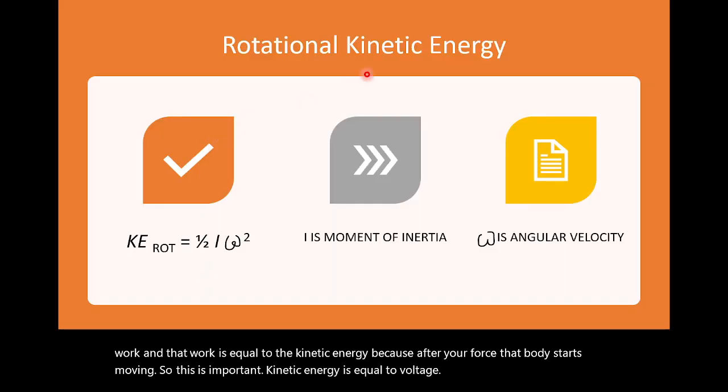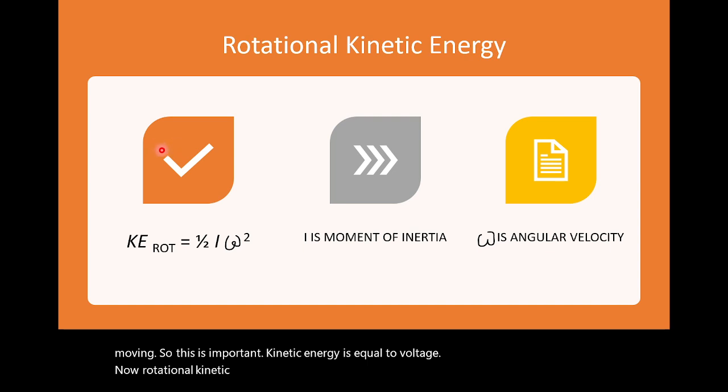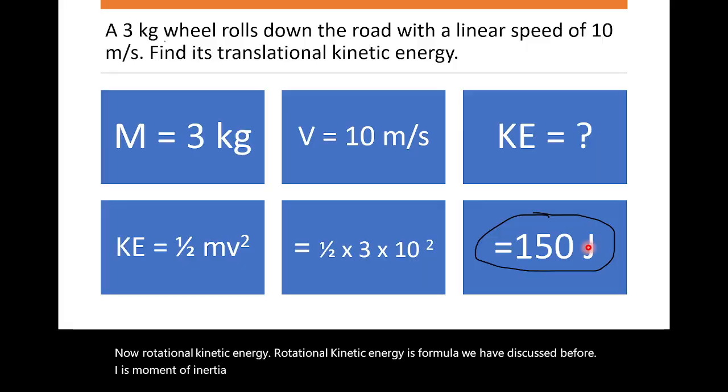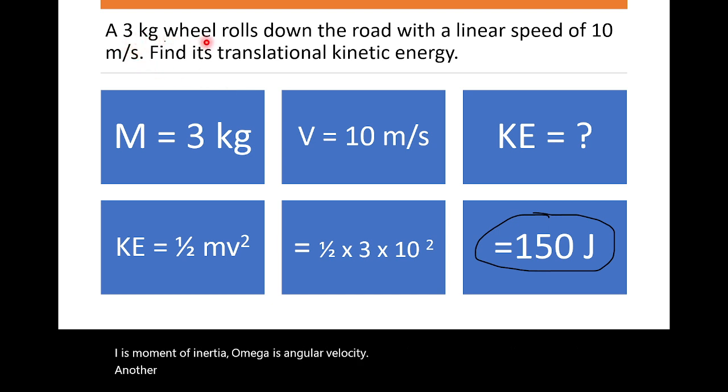Now rotational kinetic energy. Rotational kinetic energy is a formula we have discussed before. I is moment of inertia, omega is angular velocity. Another question: a 3 kg wheel rolls down the road with a linear speed of 10 meter per second. Find its translational kinetic energy.